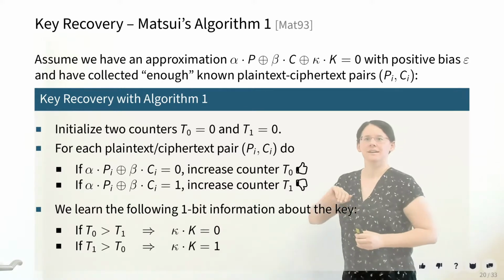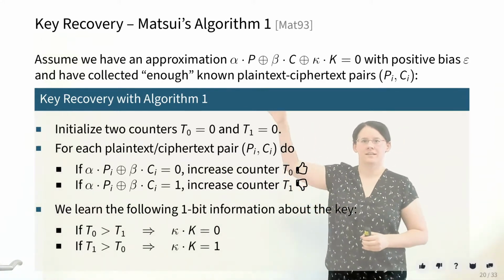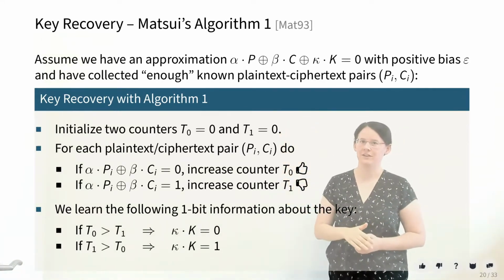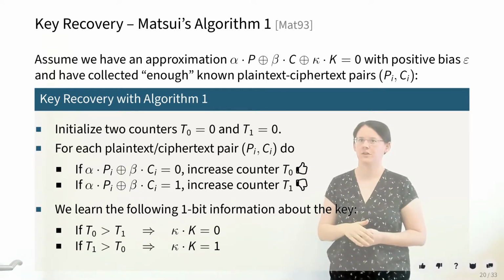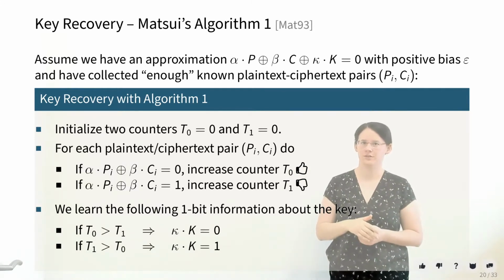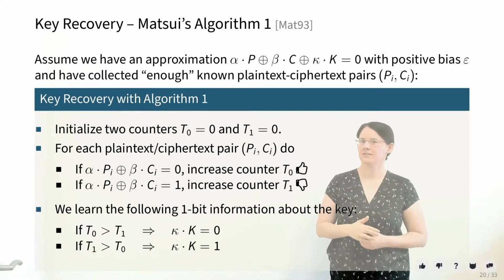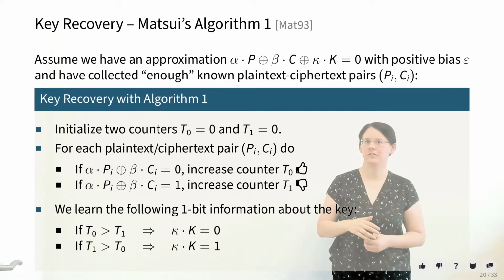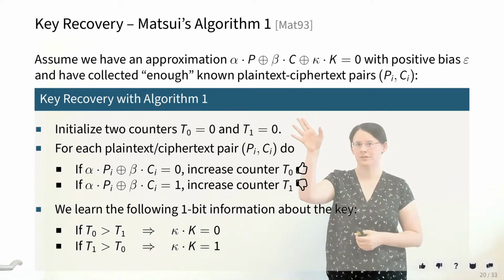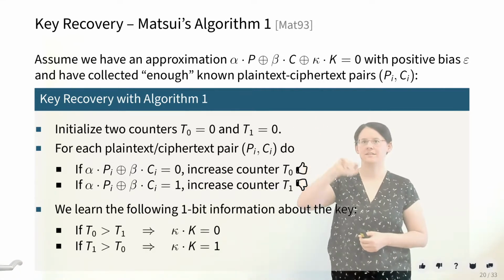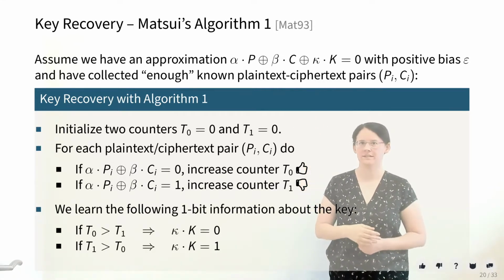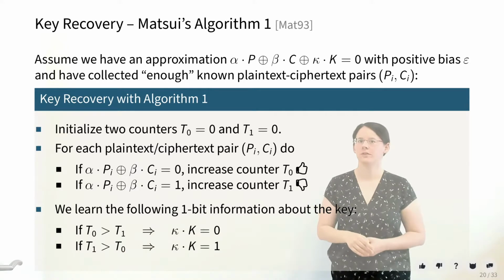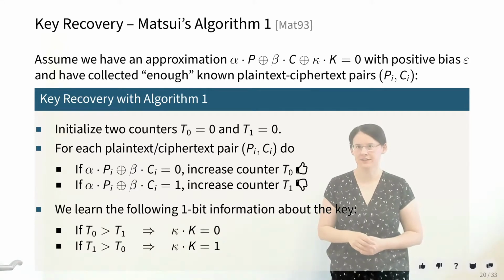Okay, so we have this combination, we have many pairs, and we want to now measure how often our equation is correct. And this is going to be done as follows. We are not going to have just one counter, but two counters, one for the correct cases and one for the wrong cases. Now we go through all of our plaintext-ciphertext combinations.